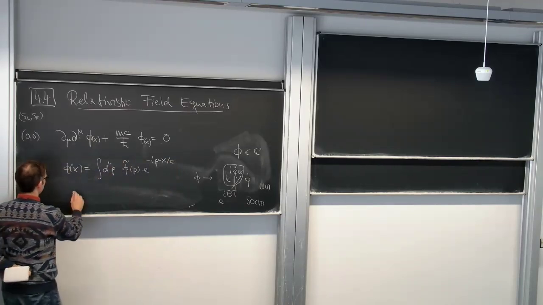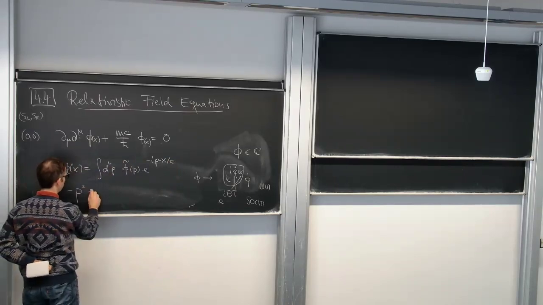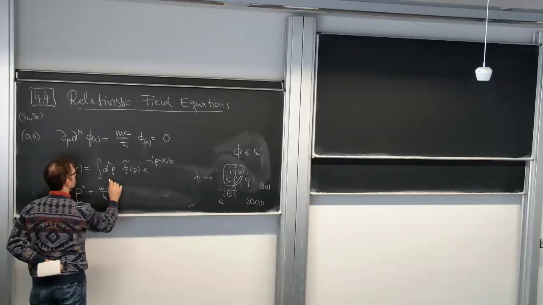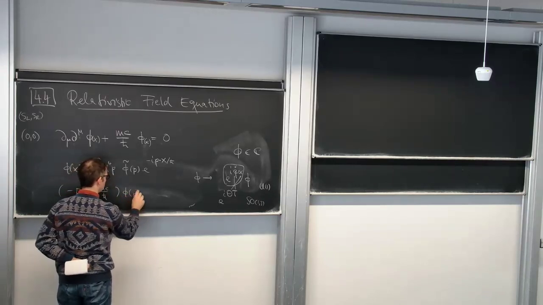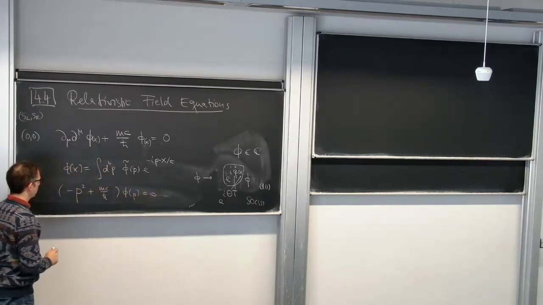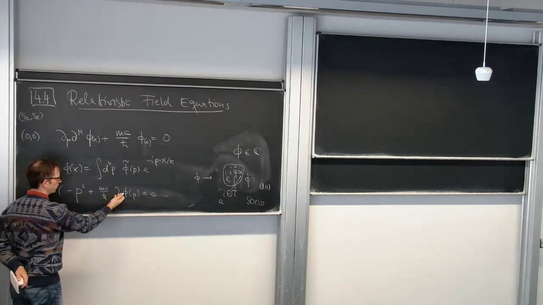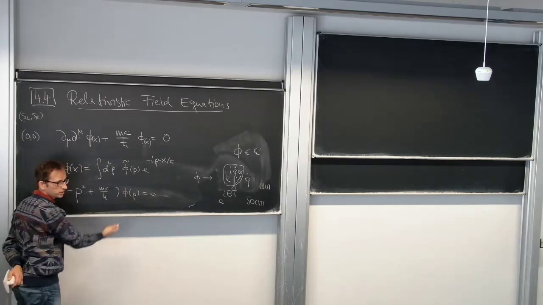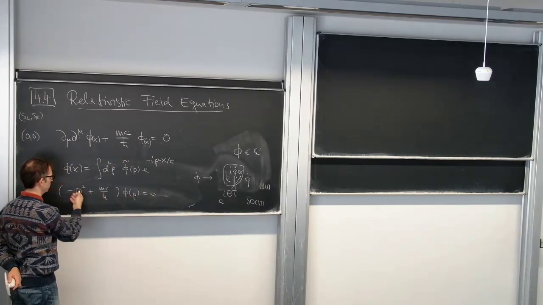Now we have minus p squared plus m times phi of p equals 0. This is just a number. If the product of this number and this number is 0, one of the two has to give. We don't want this to be 0 because then we have lost our particle or lost our field. So this should be 0.